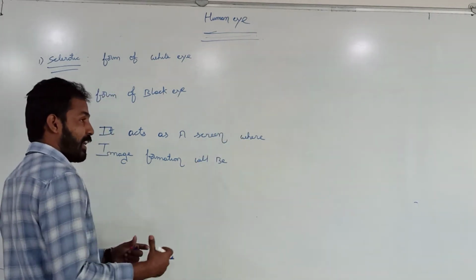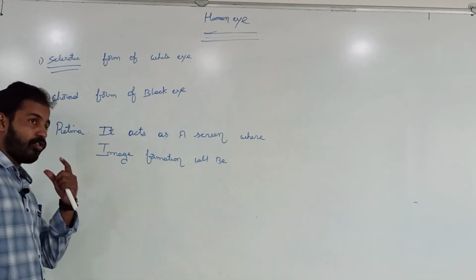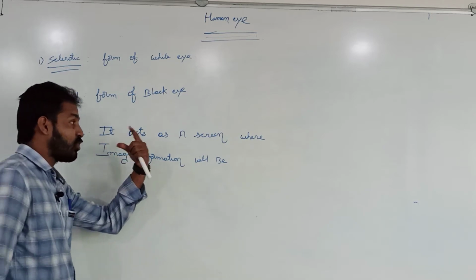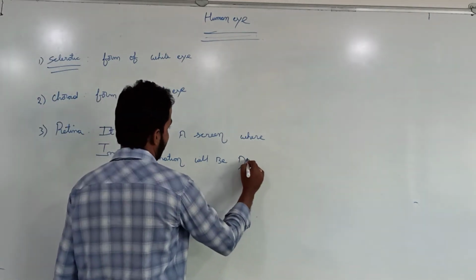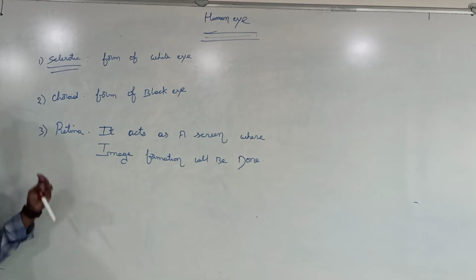For example, if you have an object in front of your eye, the image of the object will be formed on the retina. So it acts as a screen where the image is formed. So this is all about the retina.